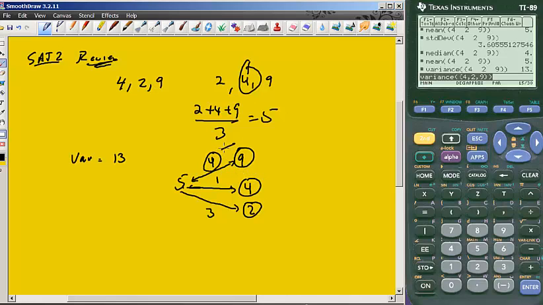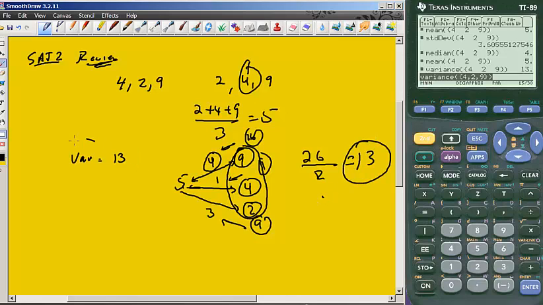When you square those, you get 16, 1, and 9. And you add them together, and it gives you 26. The sum of the squares is 26. Now you divide by 1 less than the number of numbers you had. So you had 3, therefore you divide by 2, and that gives you 13, and that is your variance. That's how they got the variance.